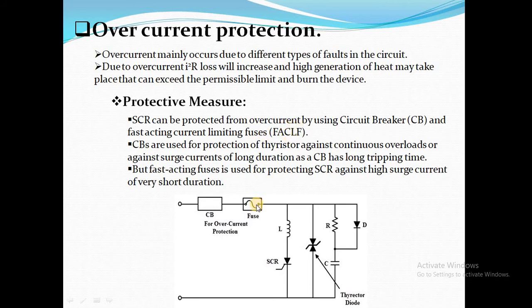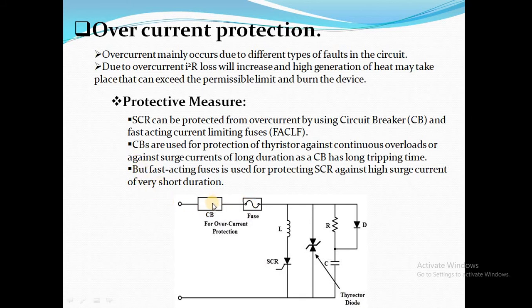This is the fast acting current limiting fuse, which is normally used in household applications. Fuse wire is used, and the newer invention is the circuit breaker. The difference between circuit breaker and fuse is, if the fuse wire gets blown, we need to place new fuse wire for each and every application.